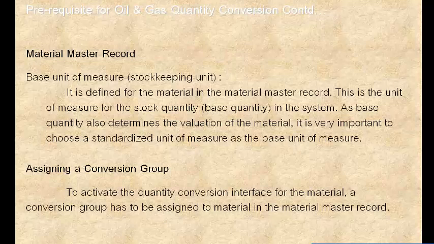So base unit of measure is the stock keeping unit. It is defined for the material in the material master record. In the coming slides, you will see the screenshot, so nothing to worry.